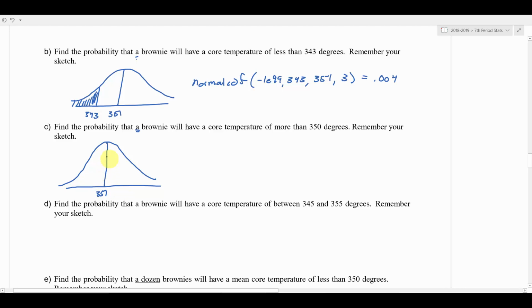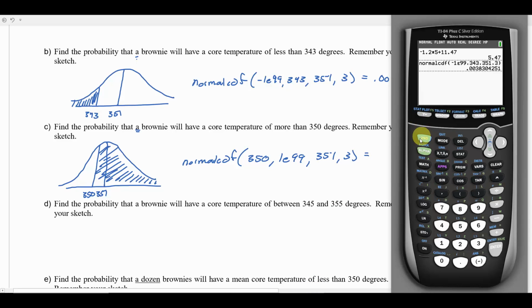So we want to be more than 350, so let's say 350 is over here, just to the left, and we're going to be shading all of this area to the right. So this is going to be a normal CDF going from 350 to 1E99 with a mean of 351 and a standard deviation of 3.